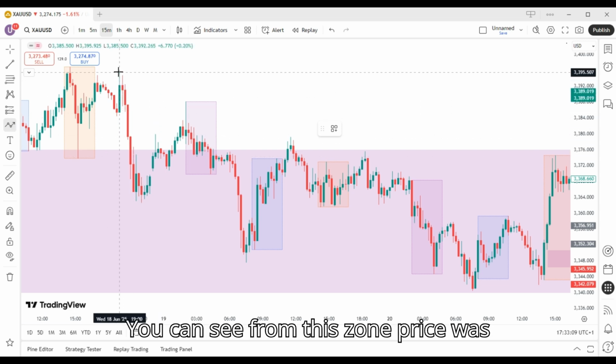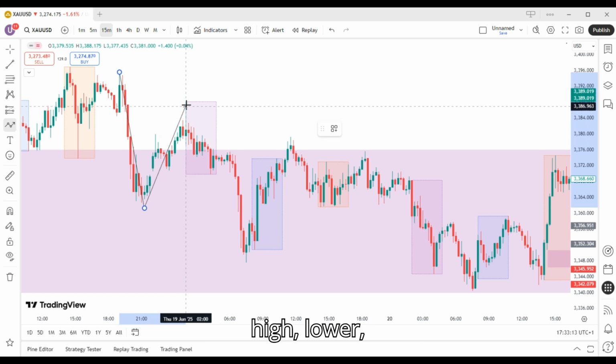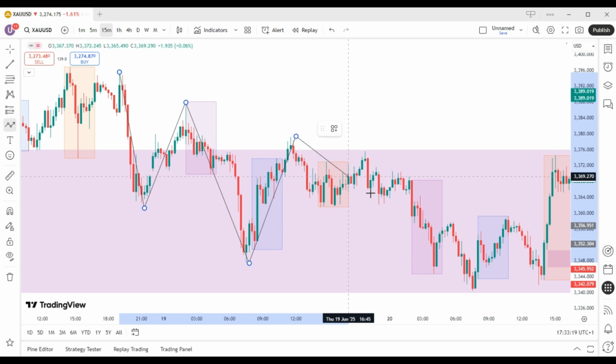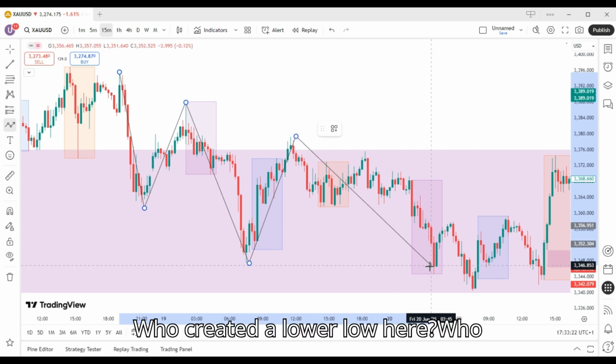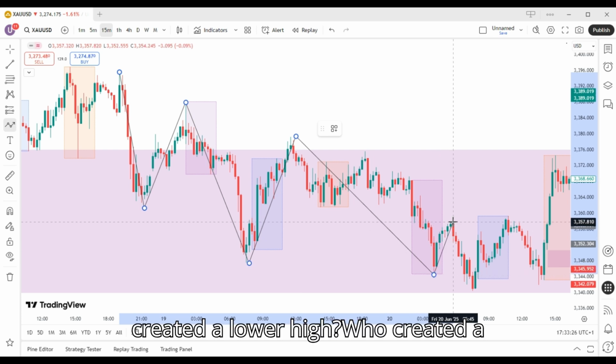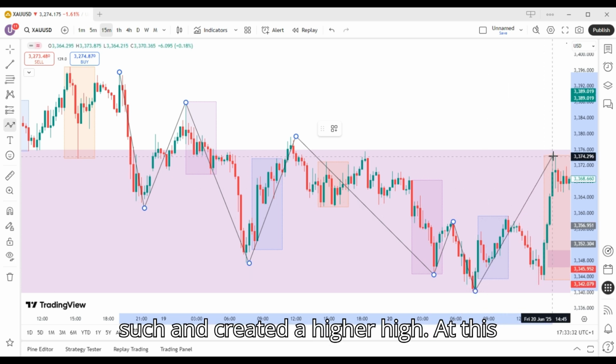You can see from this zone, price was creating lower low, lower high, lower low, lower high. We created a lower low here, a lower high, a lower low. Suddenly, price shifted the structure and created a higher high.